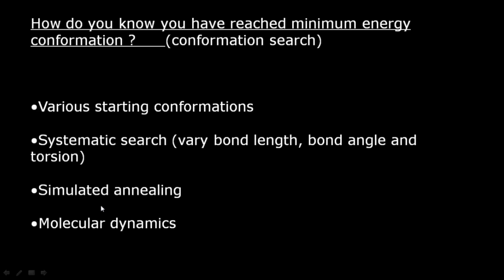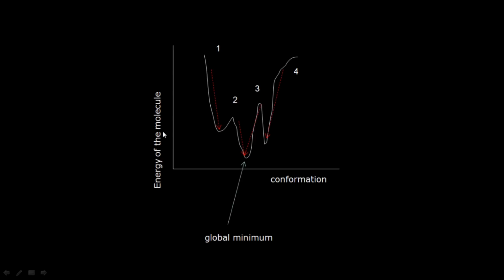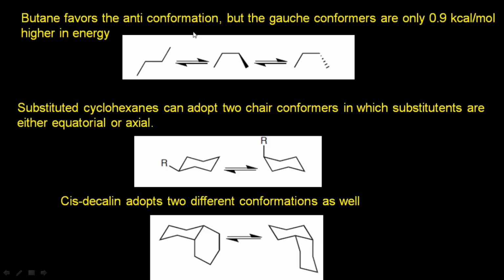And then another approach is molecular dynamics, by which we can also get conformations. We will look at some of them a little bit in more detail. So, the main challenge here is to reach the global minimum, not end up with local minimum, that is the main challenge.